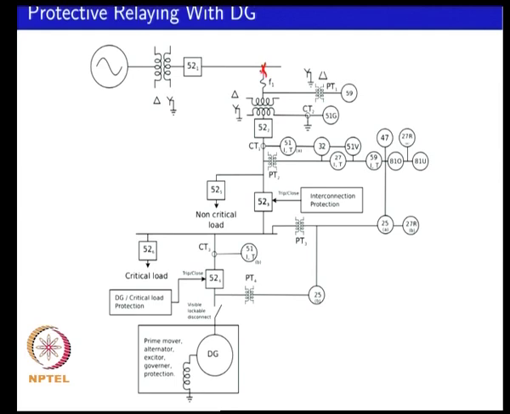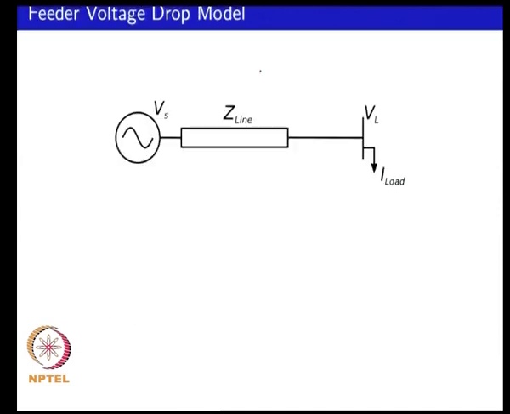How it is done, and then we will also look at how adding a DG can affect how the voltage regulation can be accomplished. So, we will start with a simplified lumped model of the system. We will take the substation voltage, the source voltage, as Vs, and we will lump the impedance of the line to a Z line, which could consist of some resistance and reactance to get the overall impedance.